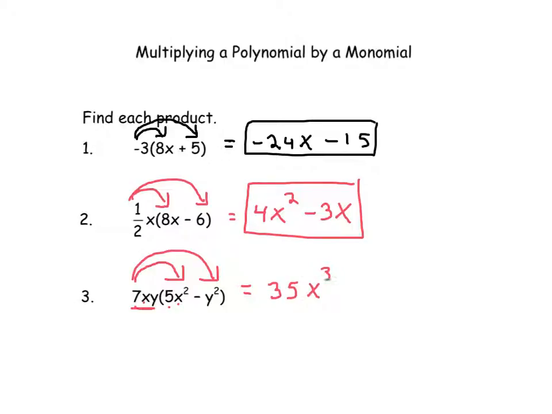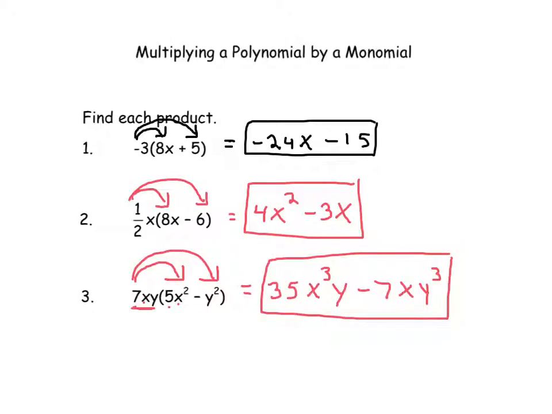Remember to add the exponents, and then you still have a y, so you have to include the y. Then we're going to do the same thing with the -y squared. So 7 times -1 is -7x, there's no other x to multiply, and then y times y squared is y cubed. So again, multiply the coefficients, and remember to add the exponents when you multiply.